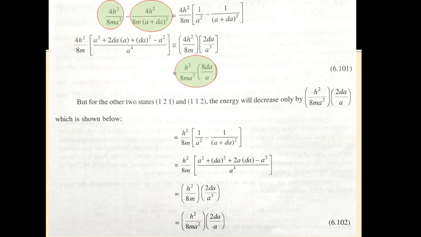Keep this in your mind. At the same time, try to understand the other two states, where the energy has a 1 in the x direction, and therefore their energy will be decreased by h square upon 8m square, 2dA. How does it appear? Let us calculate that as well.